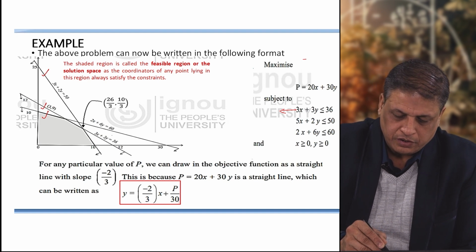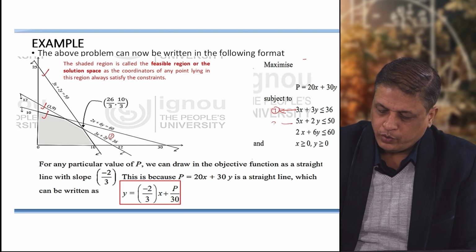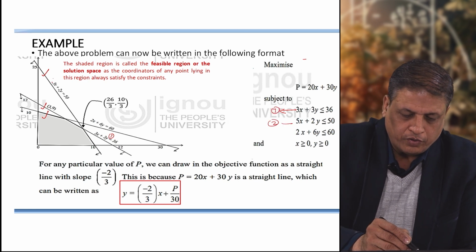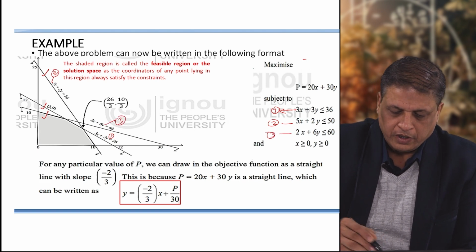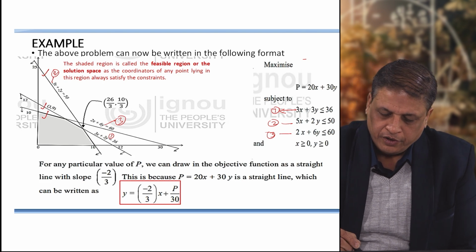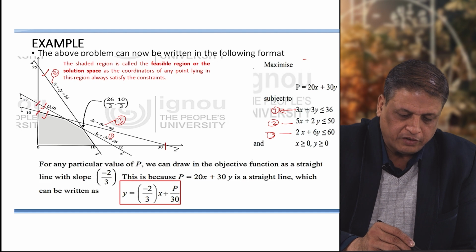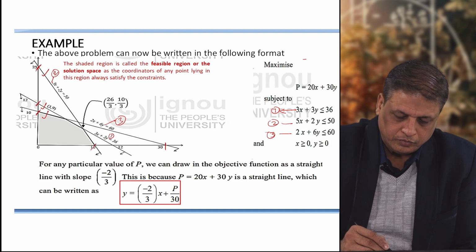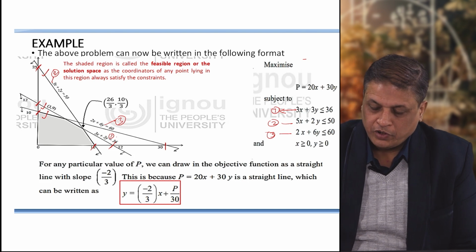The first equation is this, the second equation is this, and the third equation is this. For each equation there is a straight line which intersects the x axis and y axis respectively.